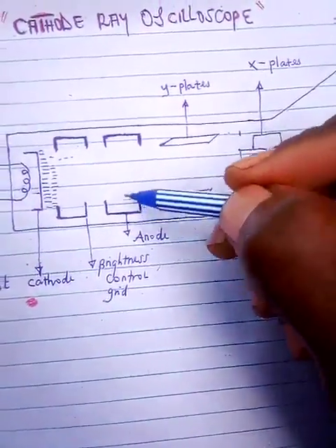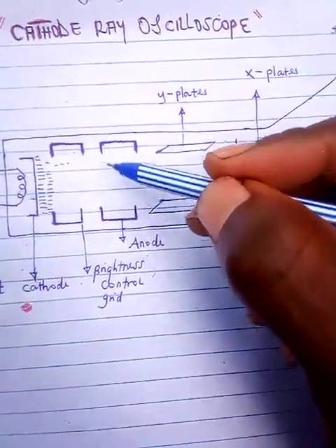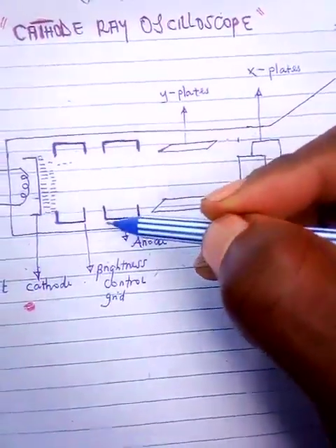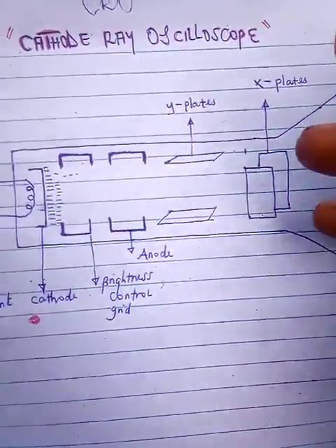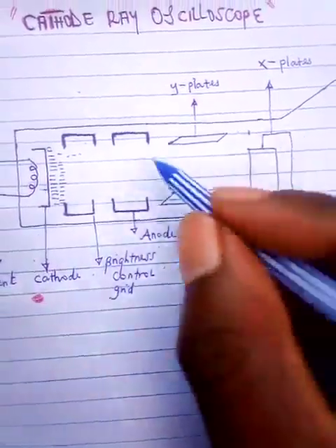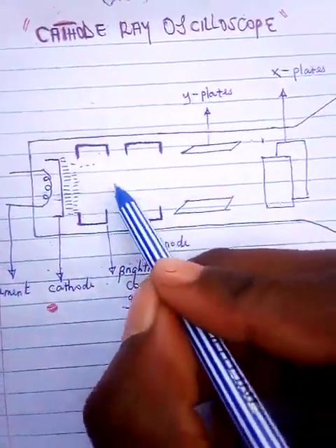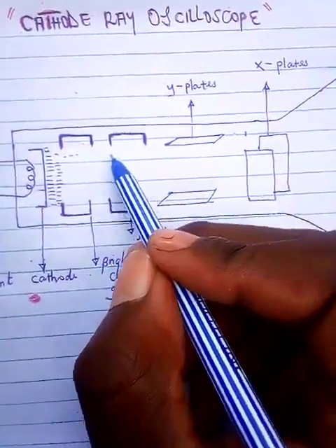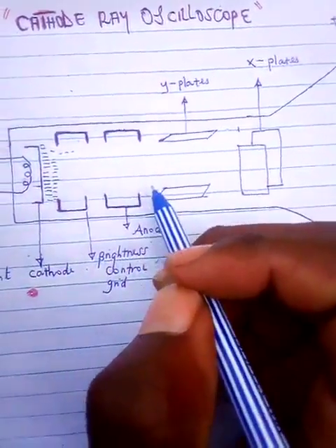The first function is to focus the electrons together. Its function is to focus the cathode rays. Apart from focusing them, apart from compressing them, like bringing them together, its other function is to accelerate these cathode rays. So it does not only focus the electrons, but it also accelerates them.